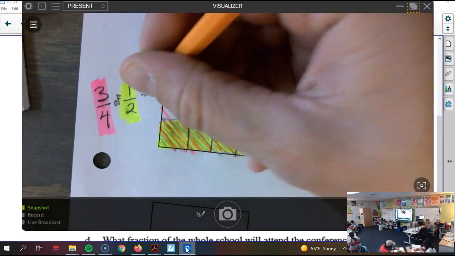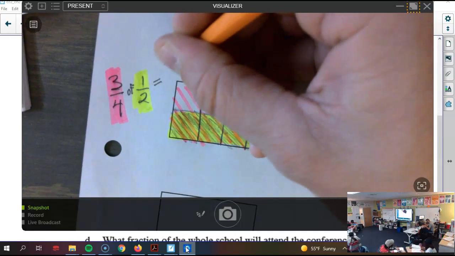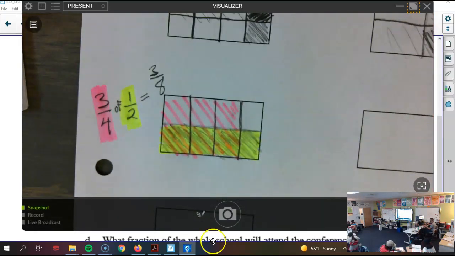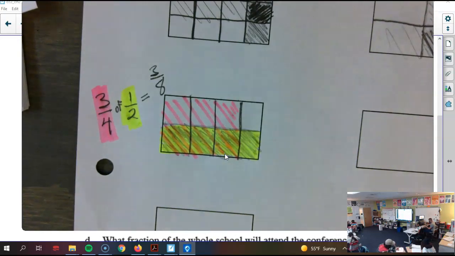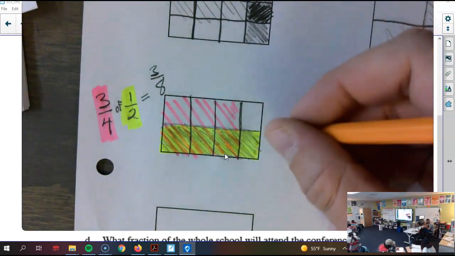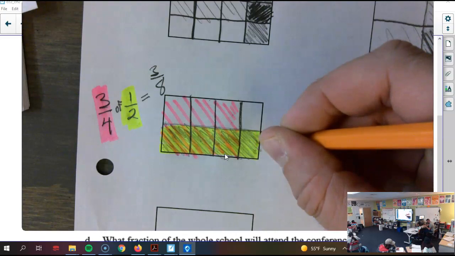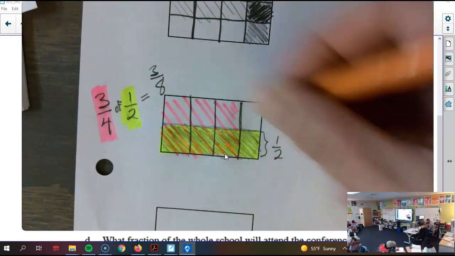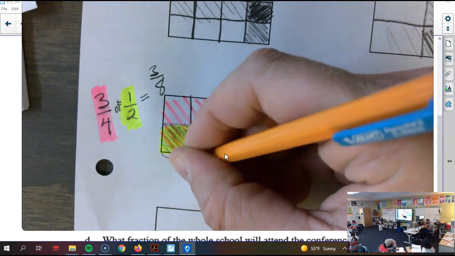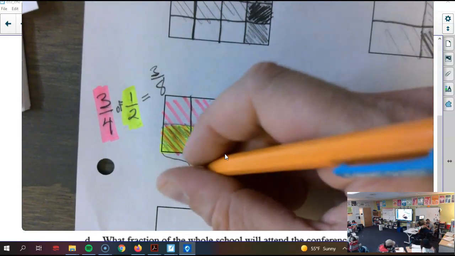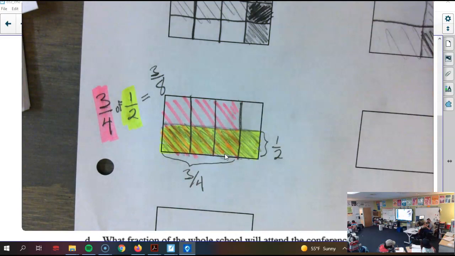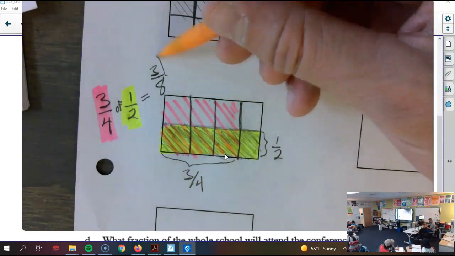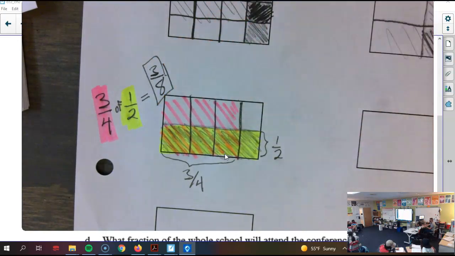So that's our answer. 3 out of 8. If you want to label this, guys, I'm trying to help make sure that we understand this. This was half. This was 3/4. So half of 3/4 is 3/8.